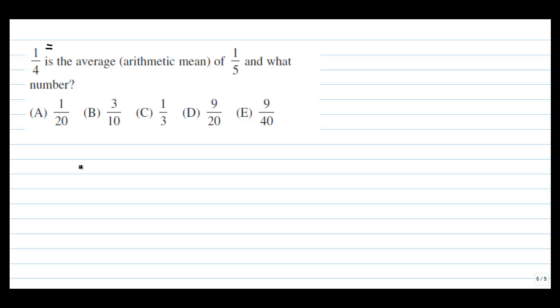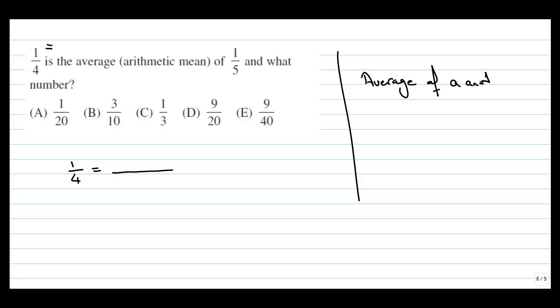So how do we do this one? We have to write the expression. They say 1/4 is the average, so it is equal to the average. For those who are not familiar with the average of, let's say, A and B, any two numbers or more, it would be A plus B over 2.